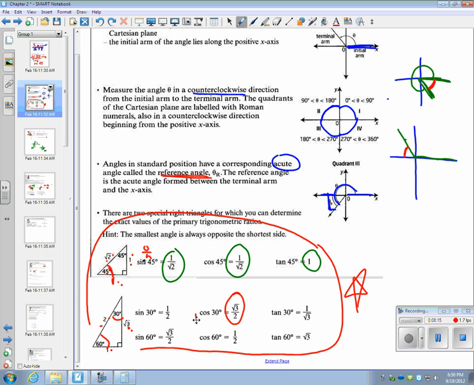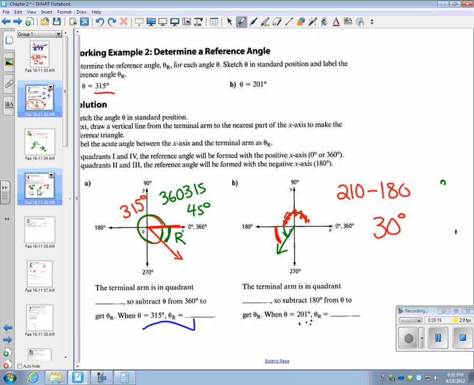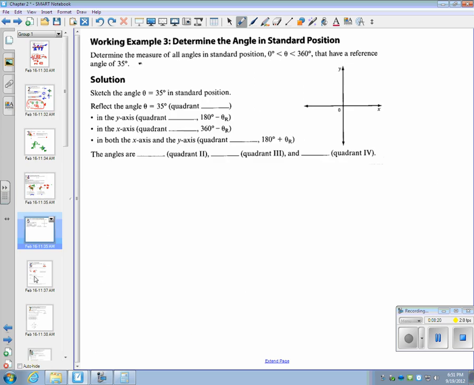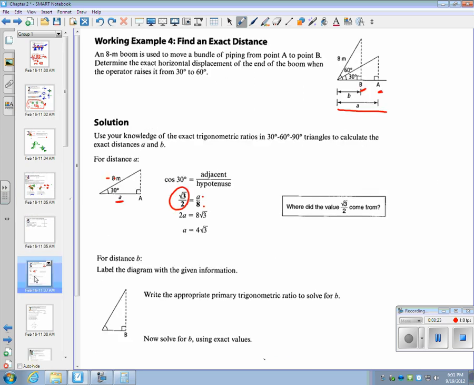But the cos of 30 is root 3 over 2. So they took that information and put it here. Then they cross multiplied. 2a is equal to 8 root 3, and they found the exact distance of a. So leave your root 3's, don't put it in a decimal. Treat it just like a variable. It stays as itself. Okay?